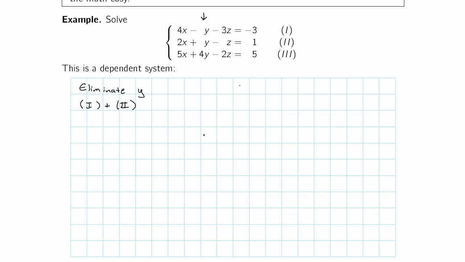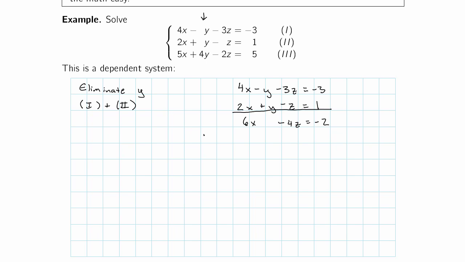So I'm going to take equation 1, 4x minus y minus 3z equals negative 3. Line up equation 2 underneath it. 2x plus y minus z equals 1. And add those together to get 6x minus 4z equals negative 2.